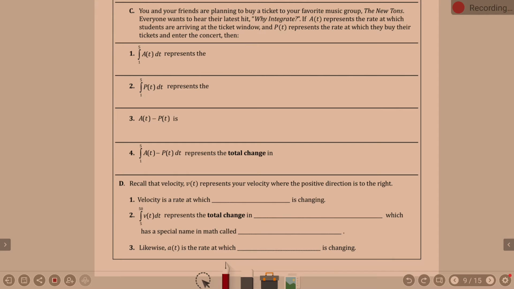It doesn't talk about them actually getting their tickets or how long they're in line, but just the number of students that are arriving to get in line from 1 to 5 minutes. So I put 1 less than or equal to t less than or equal to 5.